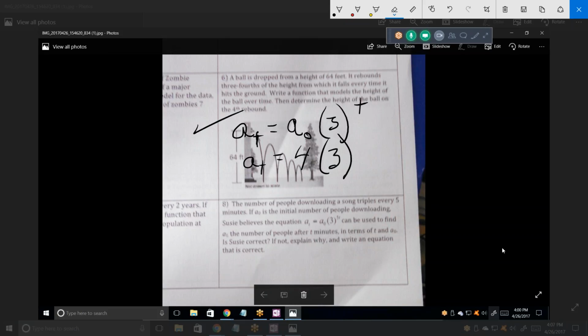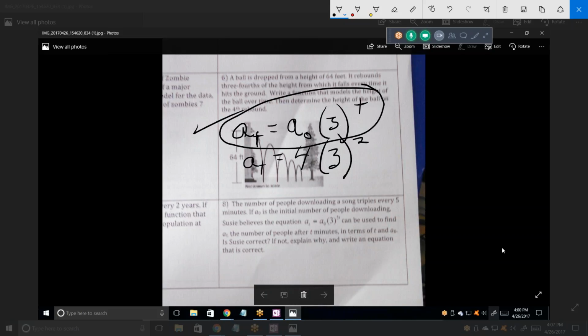In other words, this is really what it should be. When t is 1, you're going to have 12. When t is 2, you're going to have 9 times 4, 36. When t is 3, you're going to have 27 times 4, 108, which is another tripling.